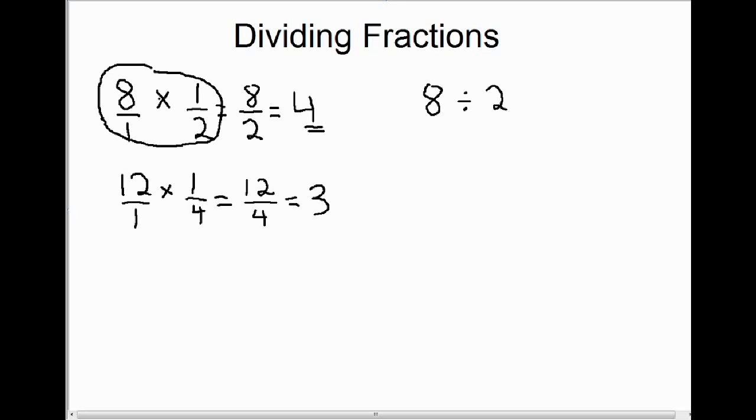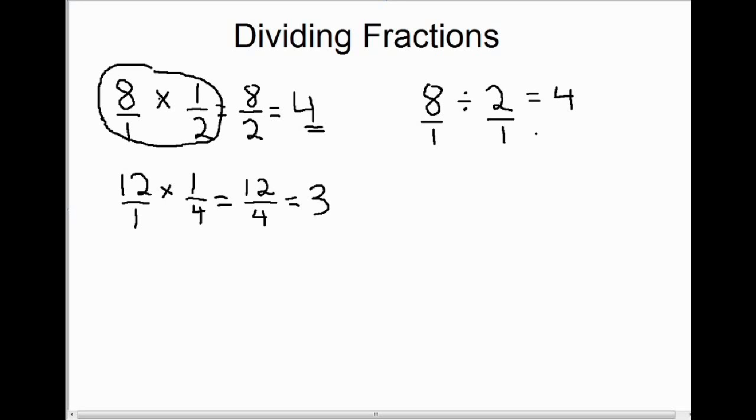And the answer to that is 4. This question does involve fractions. It's just that they're all whole numbers. 8 is the same as 8 over 1, and 2 is the same as 2 over 1. And our answer is 4 over 1, but I'll just leave that as this fully simplified answer, which would just be 4.